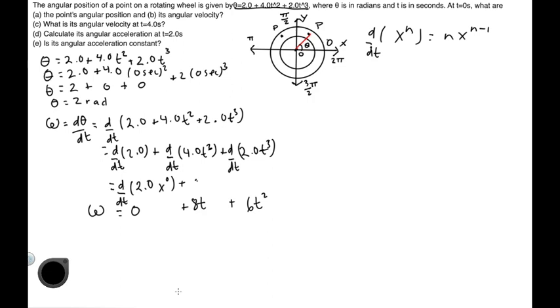So in this case, to find the instantaneous angular velocity at a certain time, all we have to do is plug in the time that we want to evaluate this function at. So in this case, we want to find its velocity at time equals 0. So we just plug in 0, right?